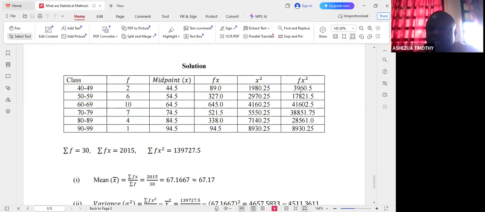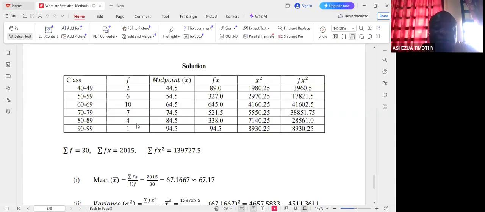Now, fx squared is gotten by taking this frequency value and multiplying by the x squared value, 1980.25. We do that, and you will have 3960.5.